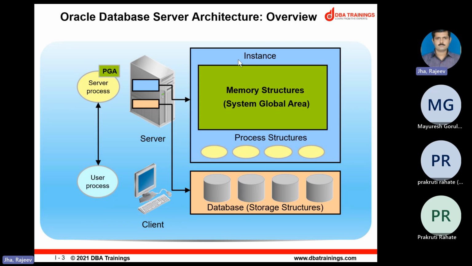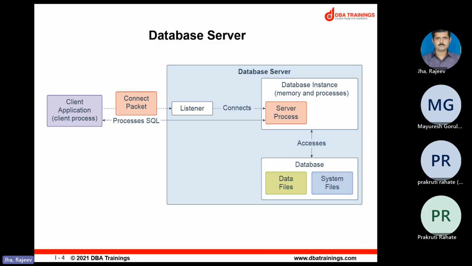Now, as we are going to talk about this architecture, let me go into details of each part so we can get a clear picture. We are going to get insight into these instances: what the components are, what is the use of those components, and why we have to use them. So the first thing you can see is the database server.